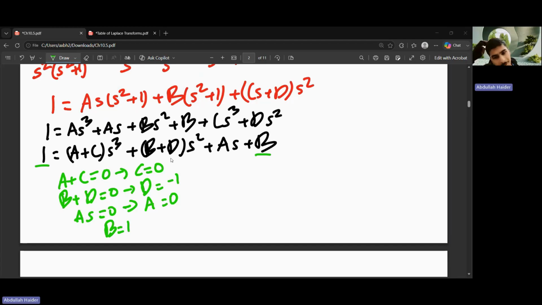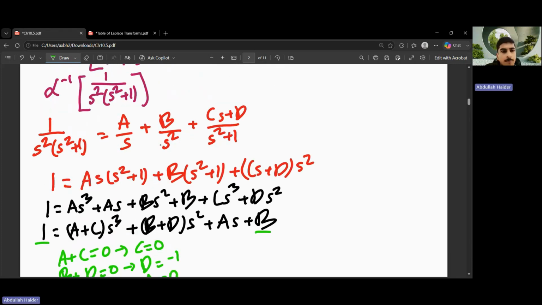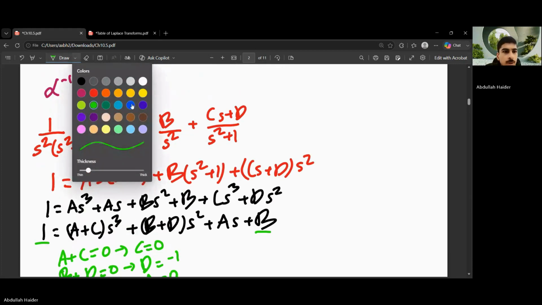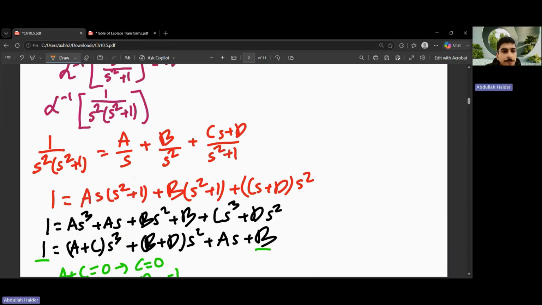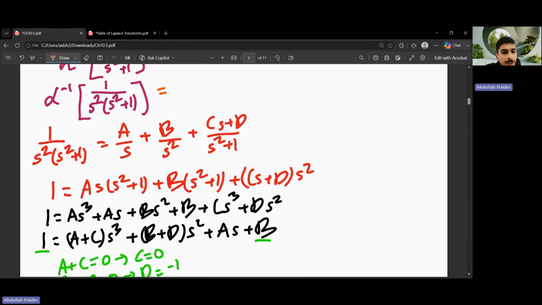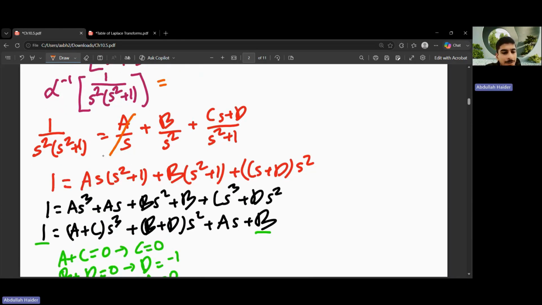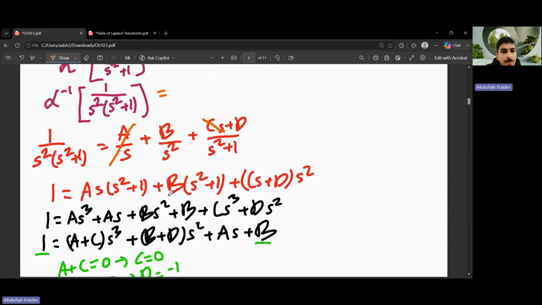So these are your coefficients. The inverse of this is going to be a over s. So a is 0, so this thing is gone. c is 0, so this thing is gone. We're left with b over s squared, so b is 1.